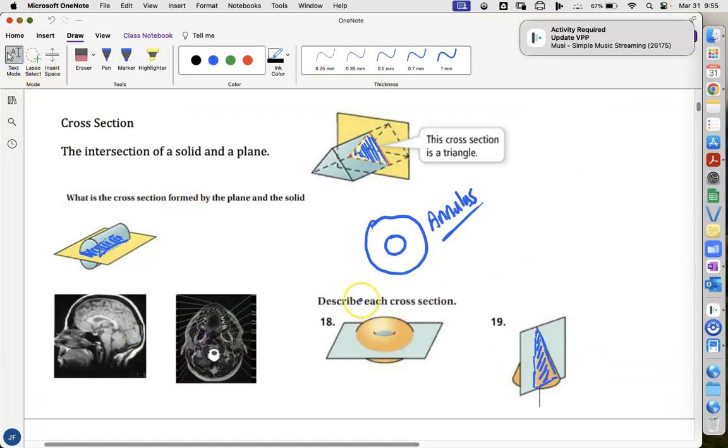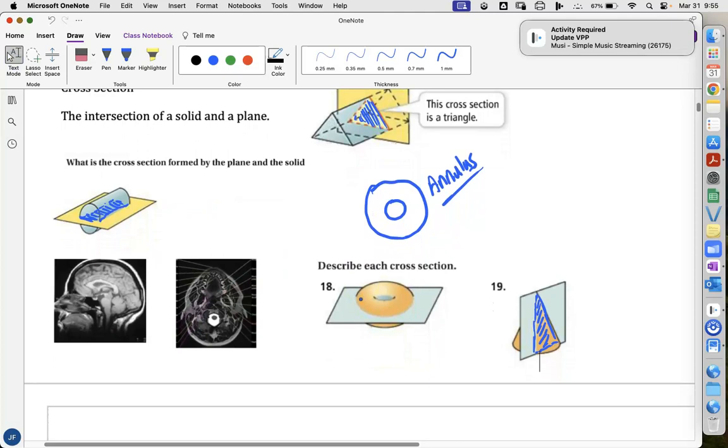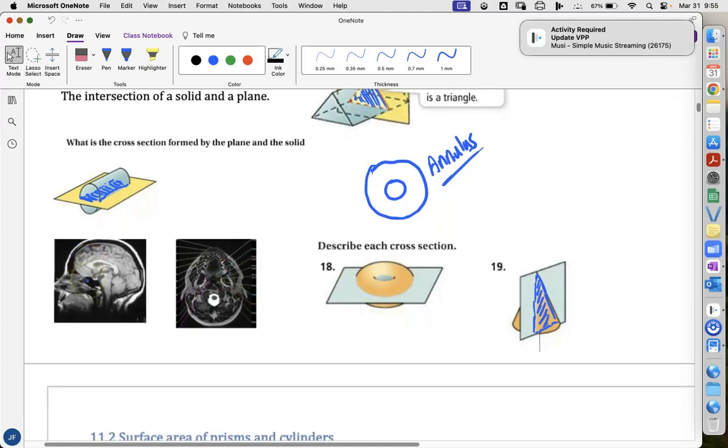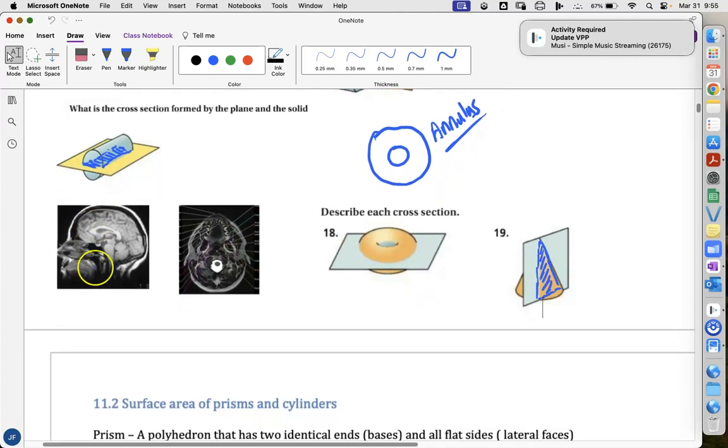Just trying to maybe foreshadow where some of this stuff will become useful to you. Some of you have seen MRIs and CAT scans. Basically, if we got a CAT scan here on the left-hand side of somebody's face or head, here's their nose, chin.